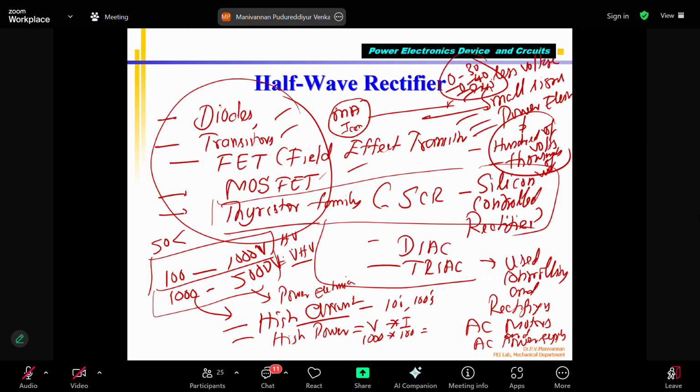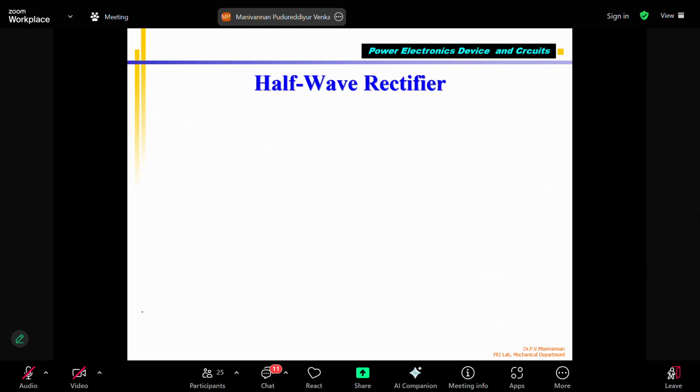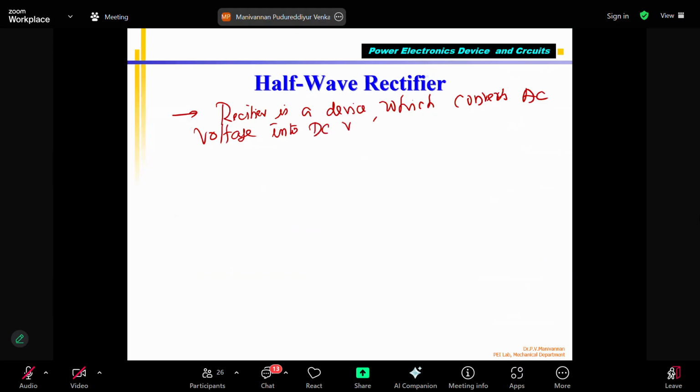Now we want to talk about the half-wave rectifier. What is the job of a rectifier? A rectifier is a device which converts AC voltage into DC voltage. Simple definition, correct? Any device which converts an AC voltage into a DC voltage is called a rectifier.